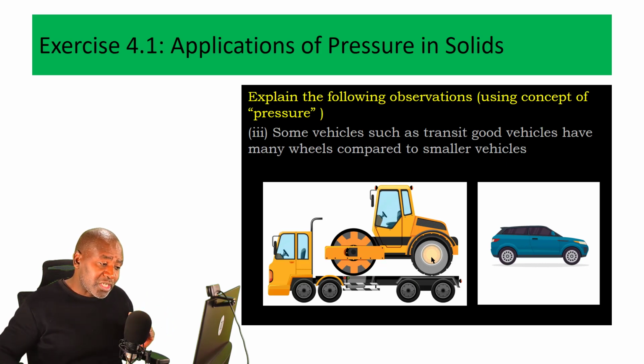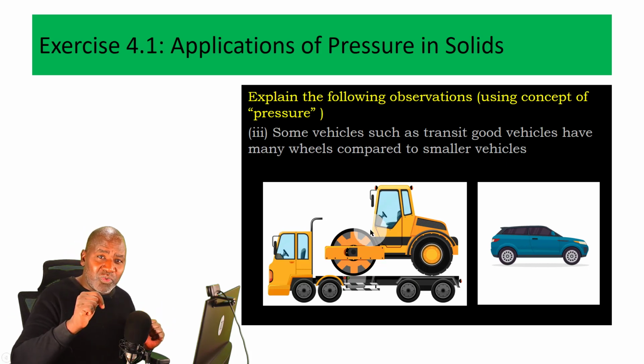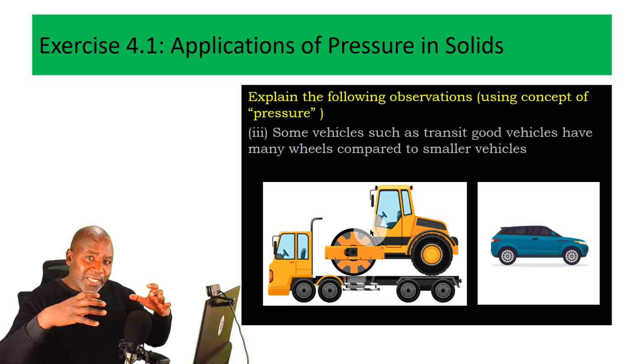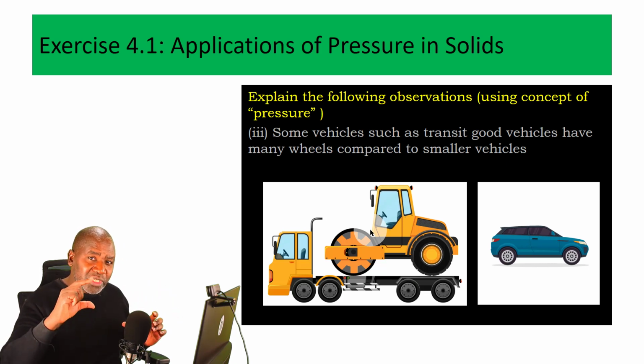If we have to transport this luggage from one point to another, the amount of luggage remains the same. So what else can we be able to do without affecting the force? We look at the second factor, which is area of contact. Area of contact between the tire and the road surface. So if we can be able to increase that area of contact, we are going to significantly reduce the pressure.